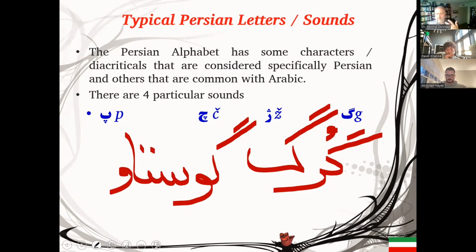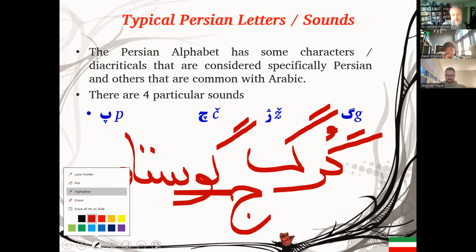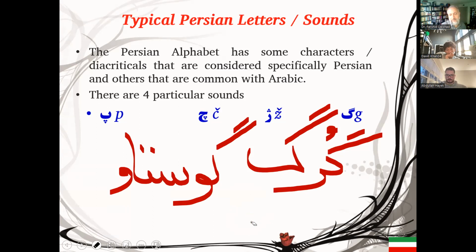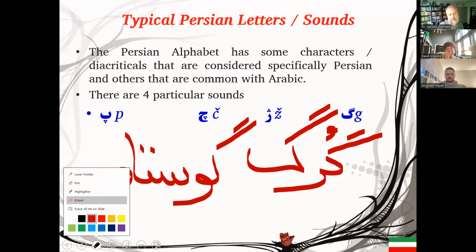While in Arabic you have to use a jim to create a sound gaf, we in Persian use just the letter ge, Gustav. So we do not use the letter ge merely for Persian words, but also for those sounds of loan words from European background, proper names, whatever it is.